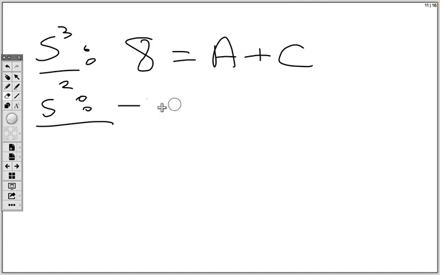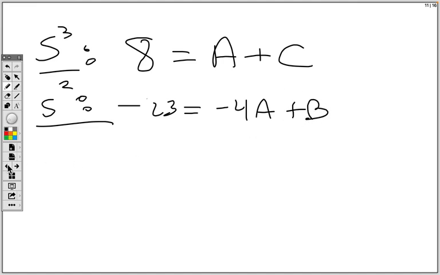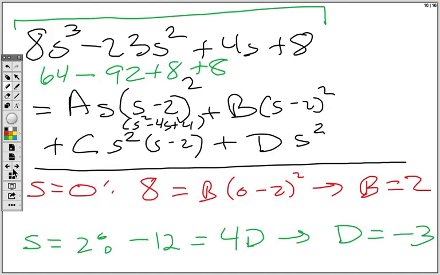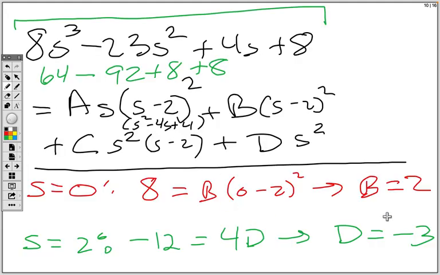On the right you'd have the minus 4a s squared, then b s squared, a minus 2c s squared, then your d s squared.